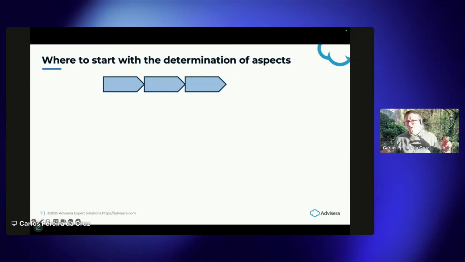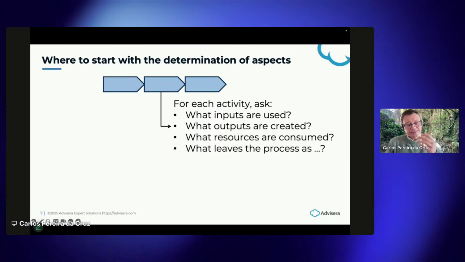Okay. Now, I received a question from Vladimir, asking where to start with this determination of aspects. Okay. So before determining aspects, you must understand how the organization functions, its processes, activities, products, and services. So start from a process map. This ensures you identify aspects linked to real activities, not theoretical ones. Now, walk through each process, step by step.